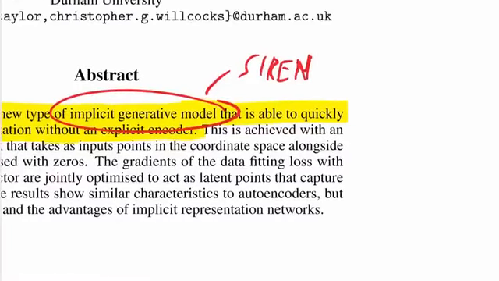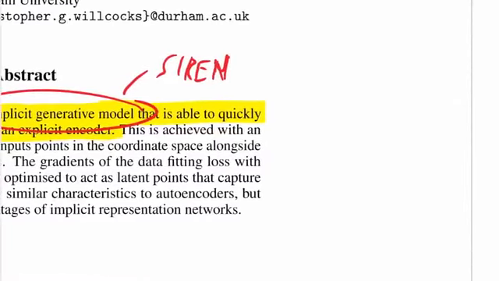But very quickly, a siren is a neural network to represent a single data point. So each data point in a data set is represented by its own neural network. And the neural network, so this might be a bit foreign to you, but usually you have some kind of image, right? And it's simply represented as an array of RGB coordinates, right?